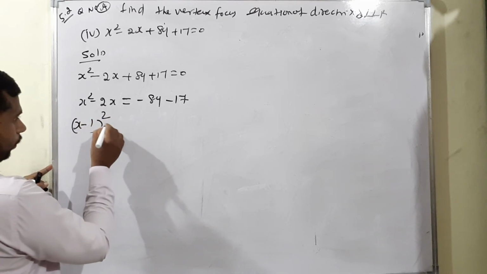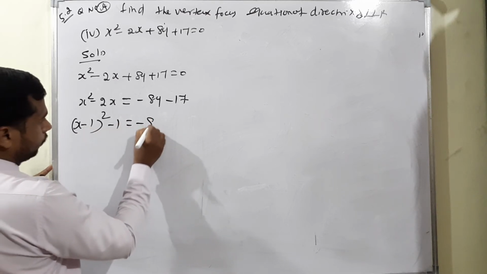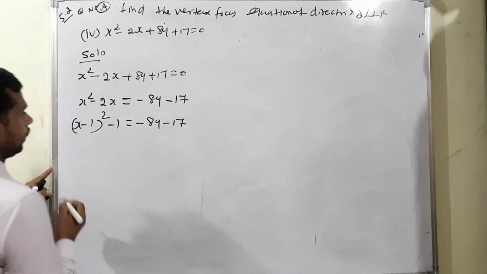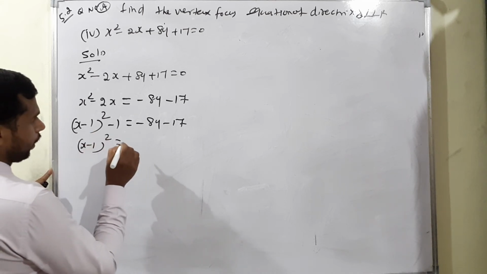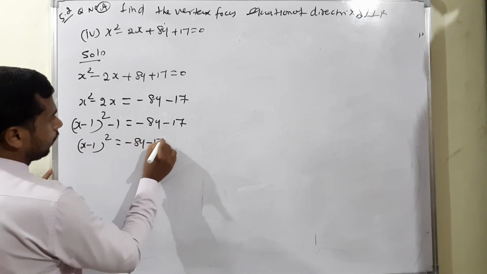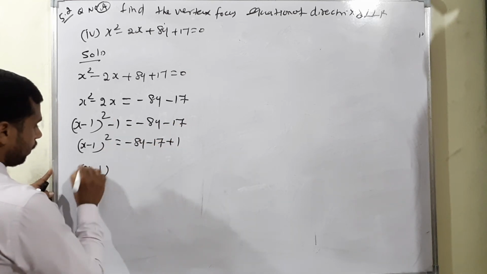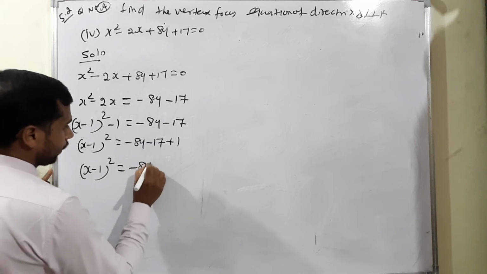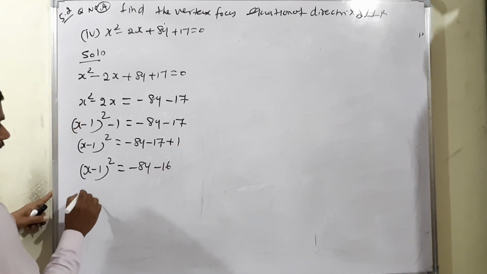So x minus 1 the whole square, then minus 1 square means 1, is equal to minus 8y minus 17. Again x minus 1 the whole square is equal to minus 8y minus 17. Minus 1 bring to the opposite side means positive 1. Again x minus 1 the whole square is equal to minus 8y minus 17 plus 1, which means minus 16.